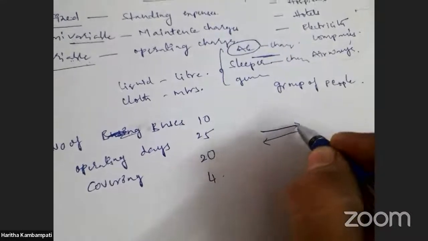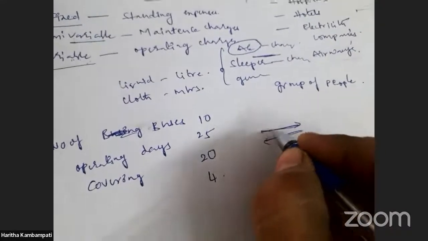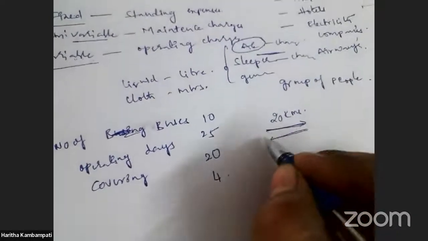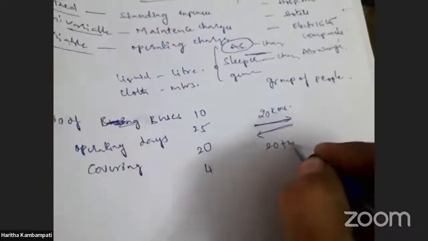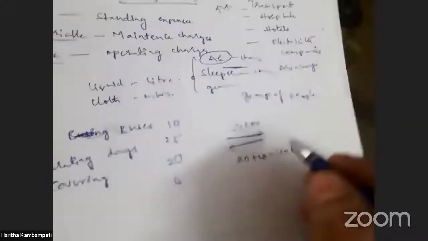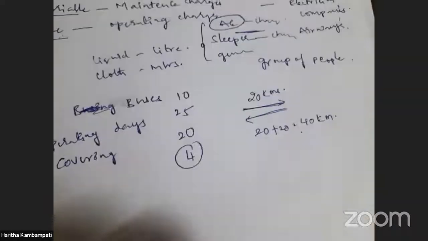Here, in this to and fro, one way is 20 kilometers. So for one round trip, 20 plus 20, 40 kilometers. Like this, 40 kilometers, 4 round trips.